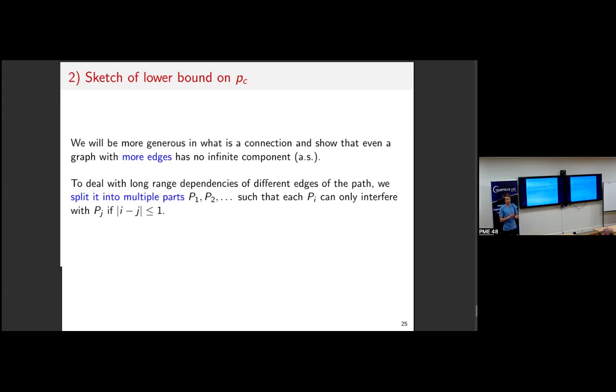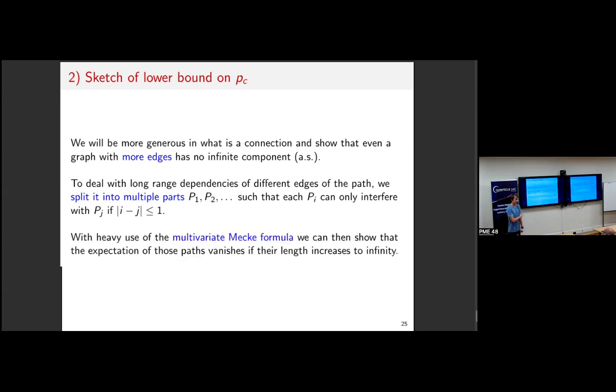Then you want to again compute the expectation of those parts using the more general edges, where you just have to look at the bounded area. And then we use the multivariate version of the Mecke formula we had before a lot of times, to show that the expectation of those more general paths is actually decreasing to 0 with the dimension.